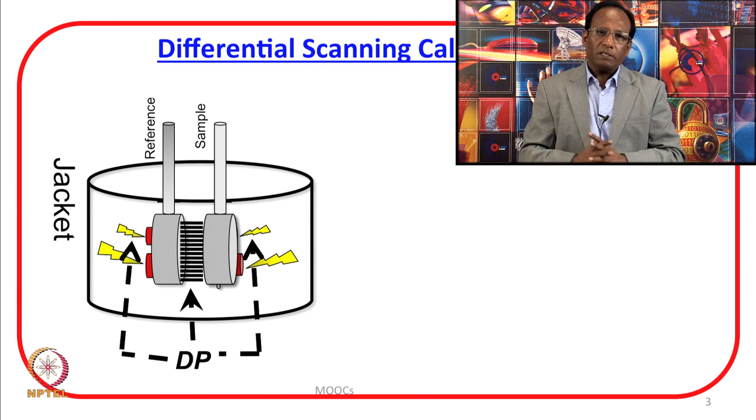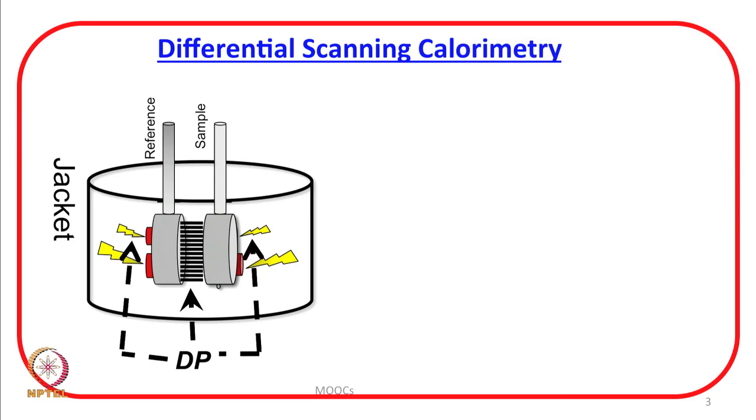Now, let us try to understand why there will be changes in the sample, whether it is a phase change or any other kind of change with temperature. When you take a solid and you start heating it, at a certain temperature the solid will melt, and that is a phase transition.